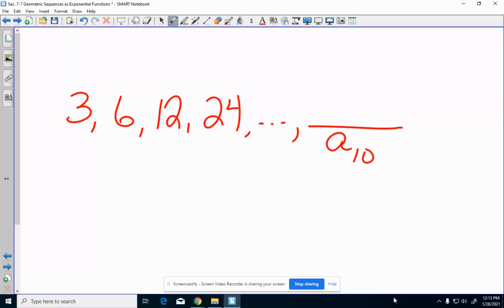You're missing one thing. I love the fact though that what I'm seeing on a lot of screens right now is people trying to use the idea of an exponent. Do remember that geometric sequences are in fact exponential functions. Therefore, the exponential form a times b to the x can be played into helping me find this answer.